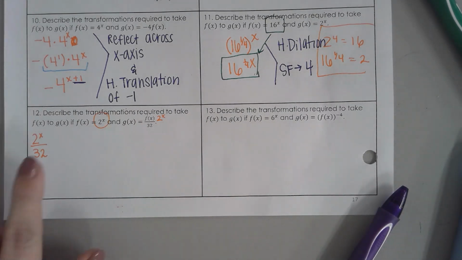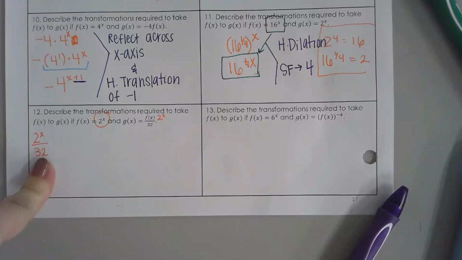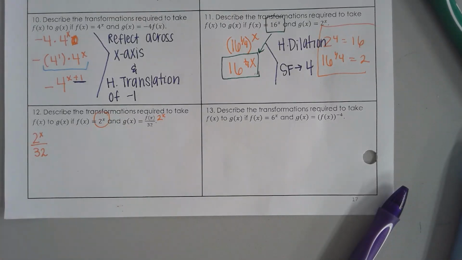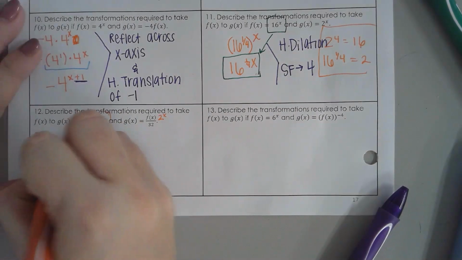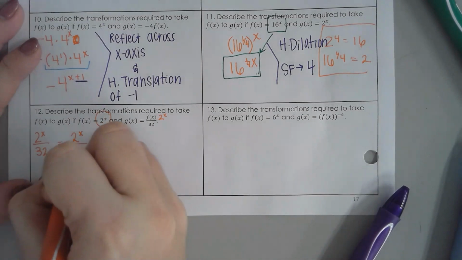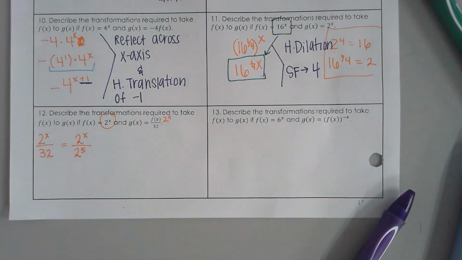I can change this 32. So let's see. 2 times 2 is 4, times 2 is 8, 16, 32. So 2 to the 5th. So that's the same as writing 2 to the 5th.